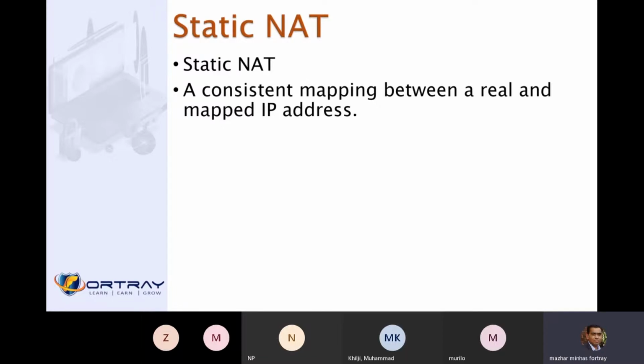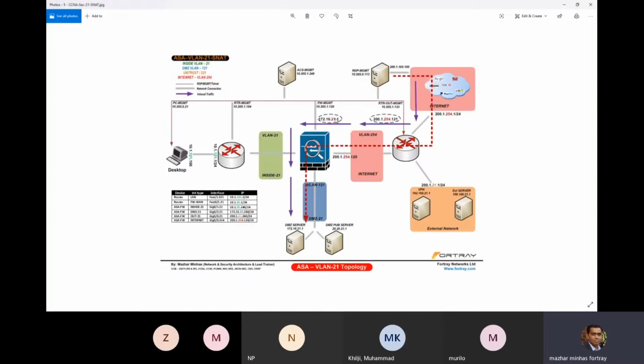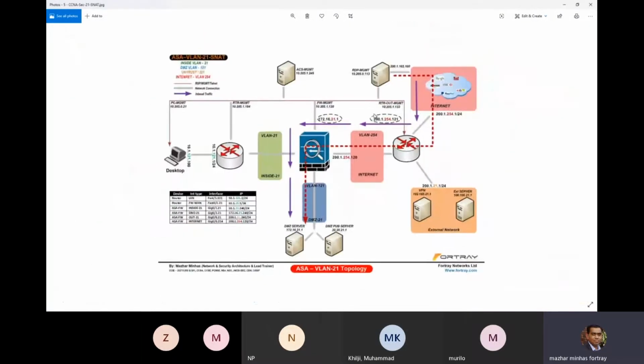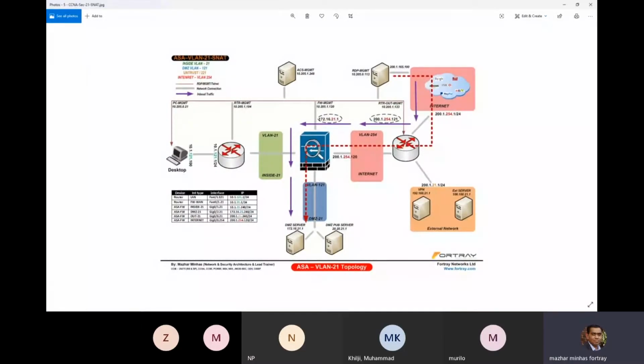For example, in our static NAT configuration in the static NAT labs, this is the ASA firewall. The ASA firewall has an IP address, the external IP address to the outside world.